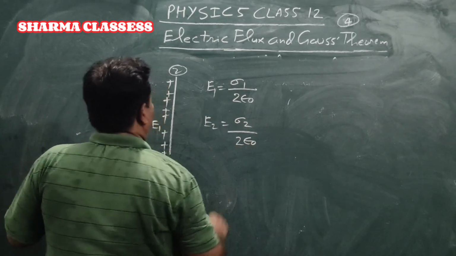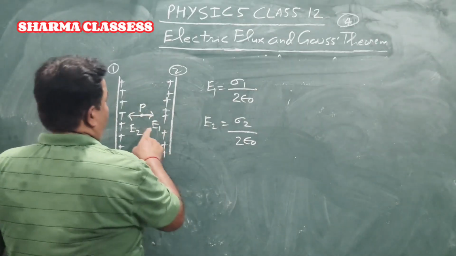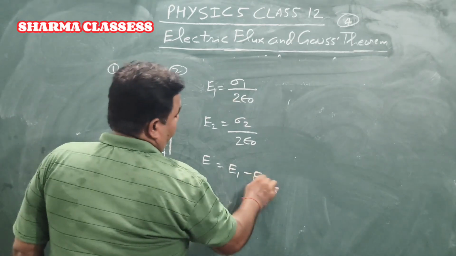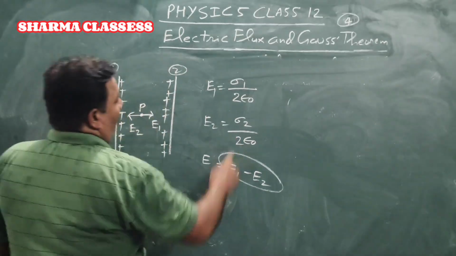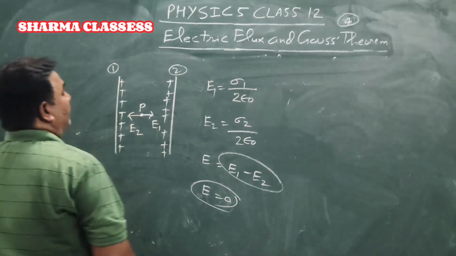Then, for same charges, between the sheets at point P, since E1 and E2 are in opposite directions, the resultant intensity is E1 minus E2, the difference. When E1 and E2 are equal, E is equal to 0. When they are made of the same material, the intensity is 0.